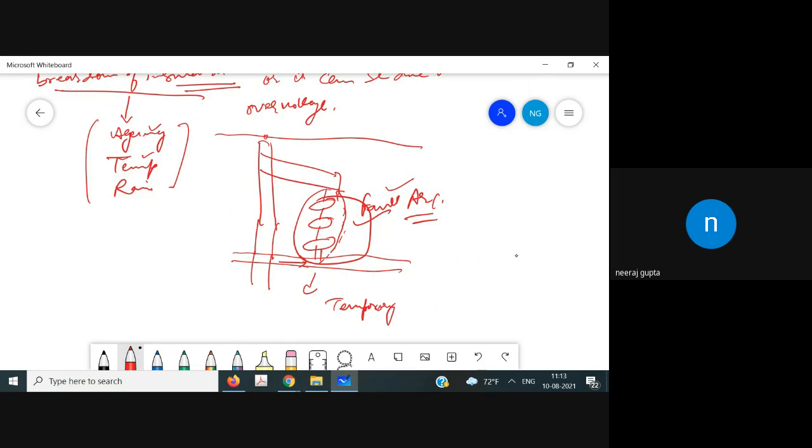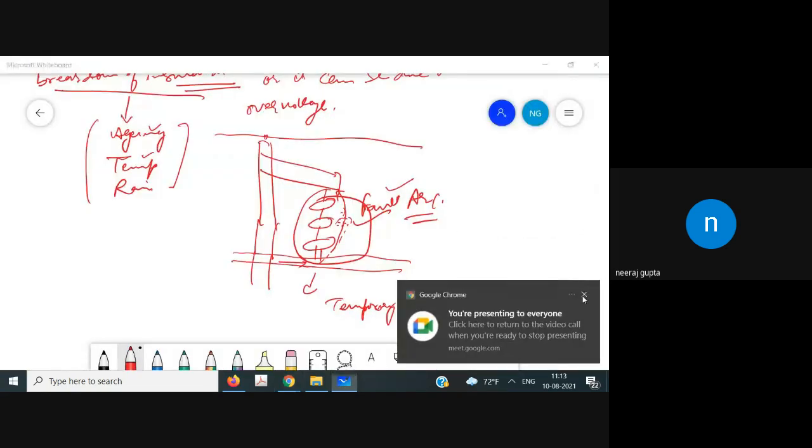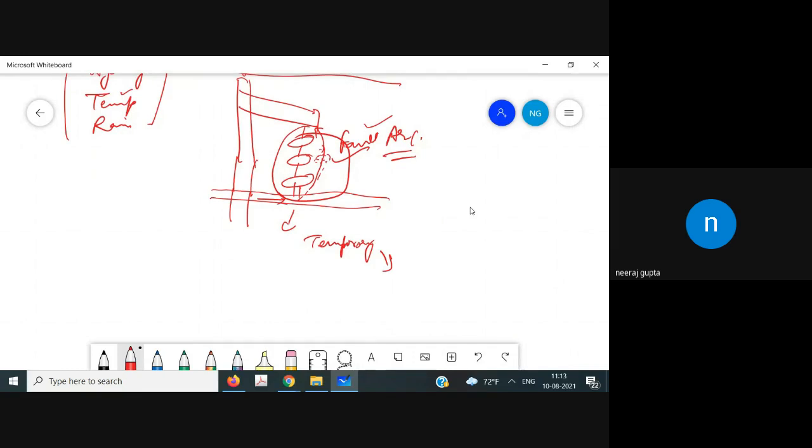It means that if the arc path is allowed to deionize, then by interrupting the electrical supply for some amount of time, the arc does not restrike.